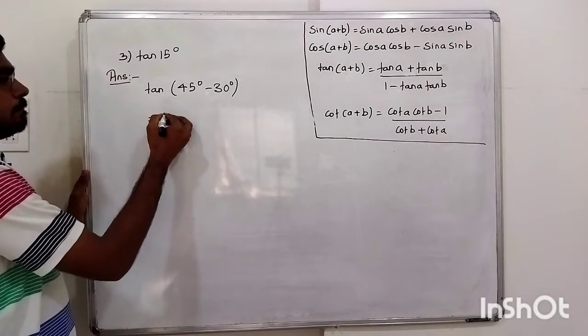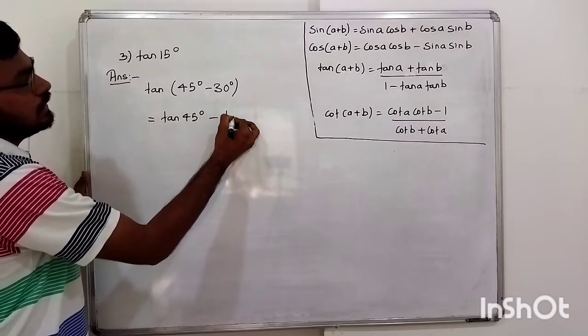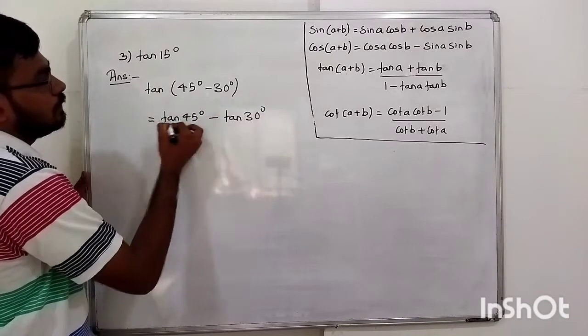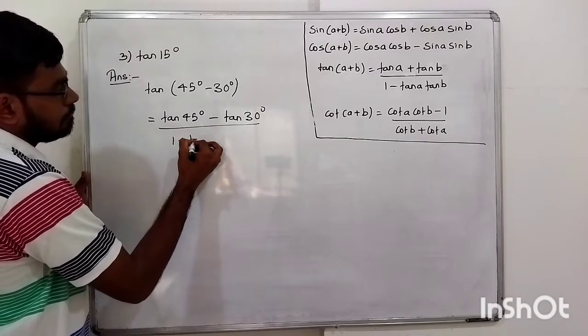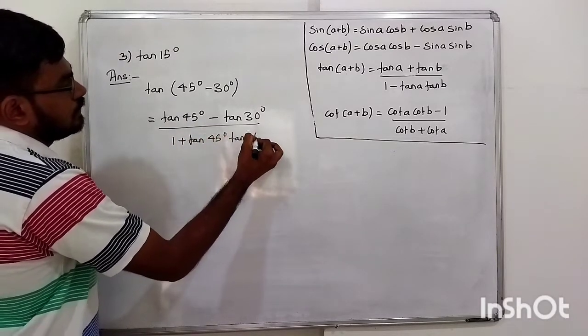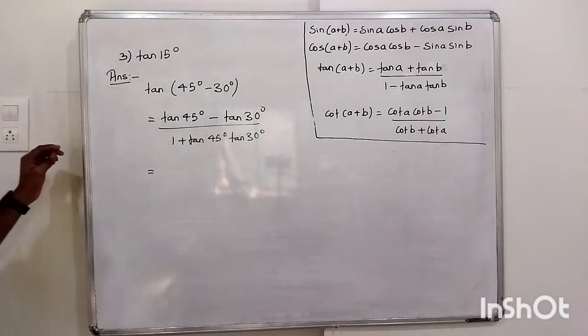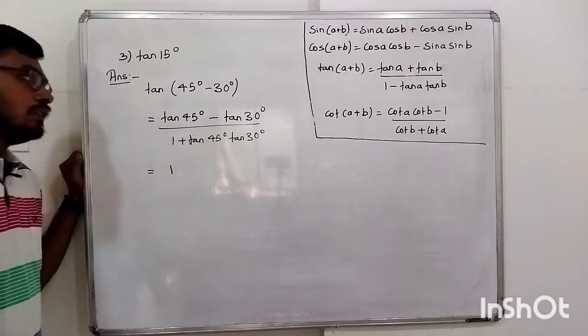So this is tan 45 minus tan 30 upon 1 plus tan 45 into tan 30. So now what is tan of 45 degree? Tan of 45 degree is 1.